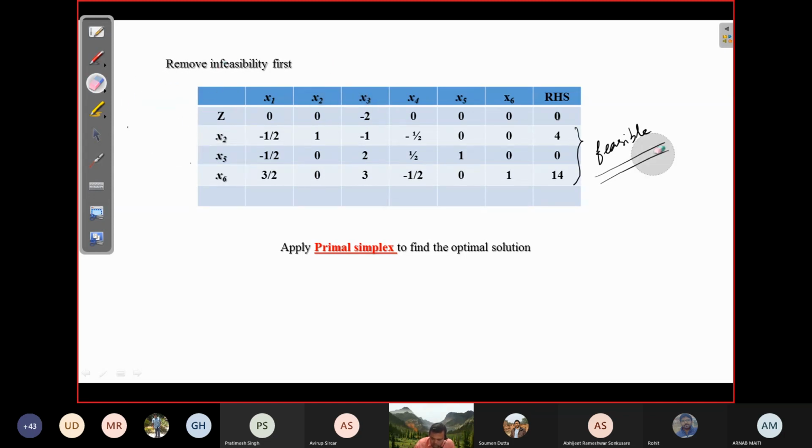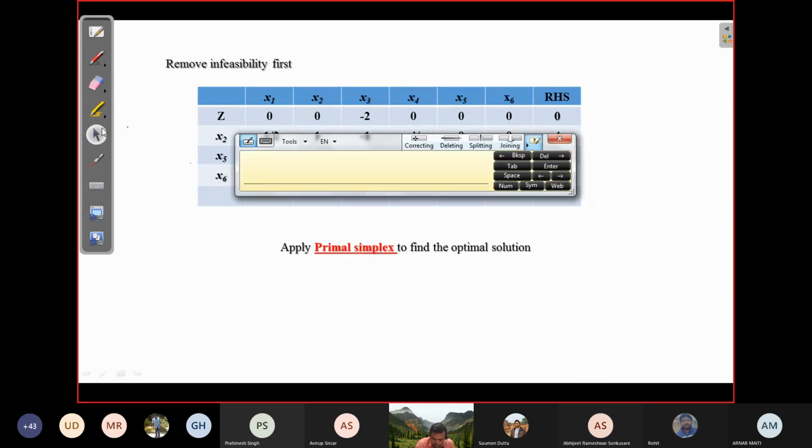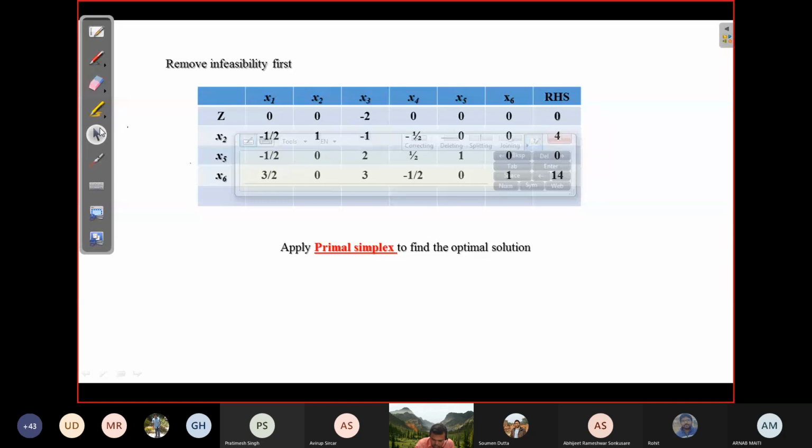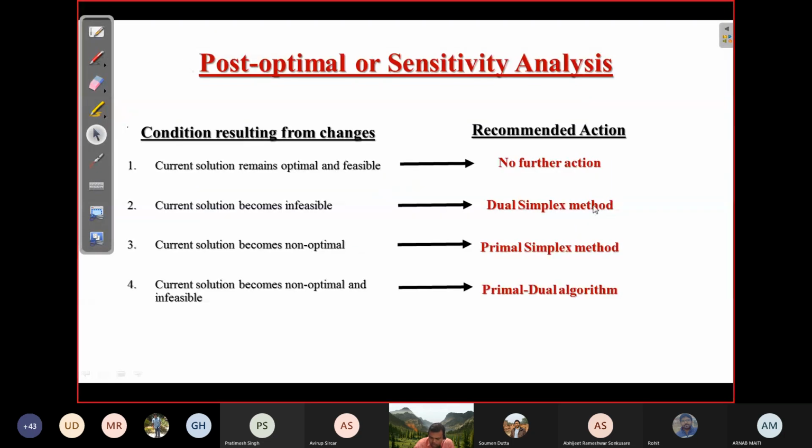Now we have seen different variants of simplex. There is no other variant, right? If it is given in standard form, which gives you directly a feasible solution at the origin, then you apply the primal simplex method.